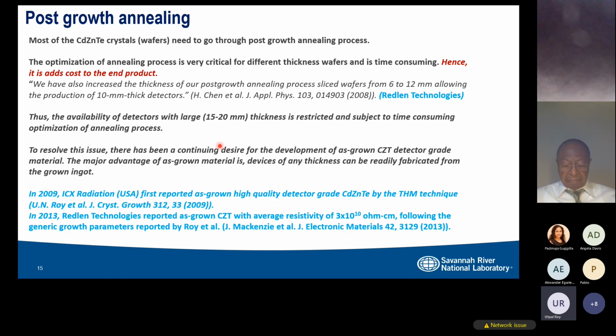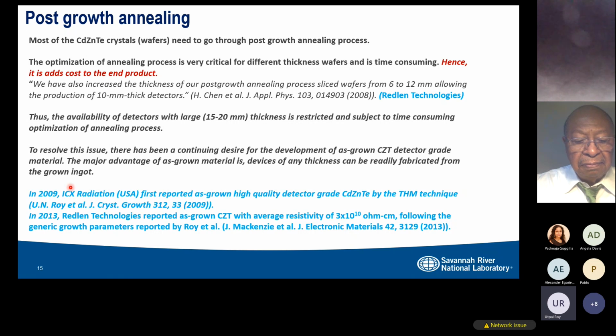So the problem with cadmium zinc telluride is that it has very low thermal conductivity. That means for a low thermal conductivity material, you cannot really grow under a very high temperature gradient. So in ICX Radiation, what they did was start growing with this THM technique under a very low temperature gradient, that is 15 degrees centigrade per centimeter.